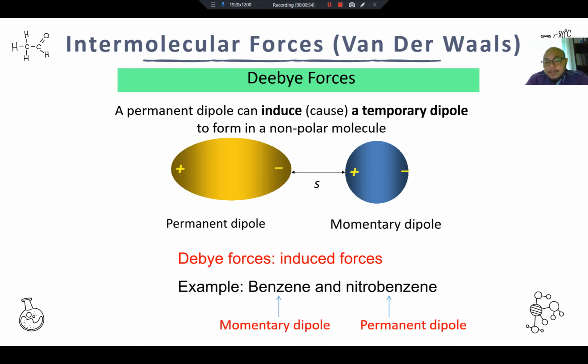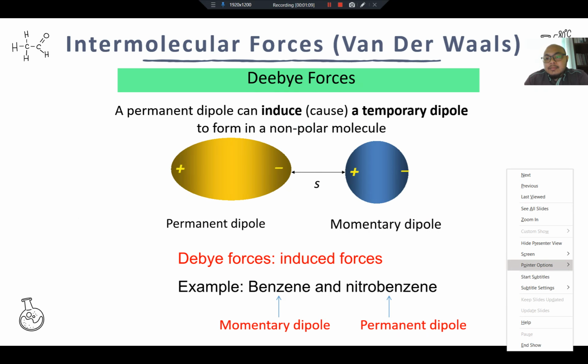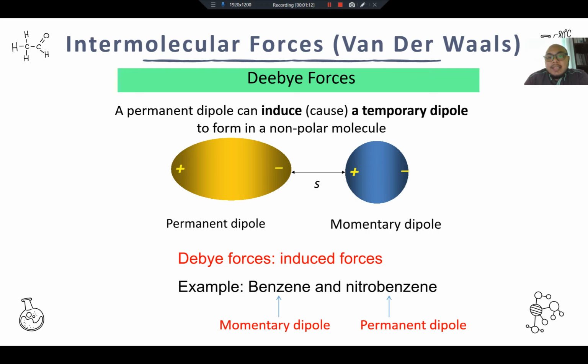The example over here is benzene as the momentary dipole and nitrobenzene as the permanent dipole. We can imagine which one is benzene and which one is nitrobenzene. This one with the permanent dipole is nitrobenzene, and this one is benzene, right?